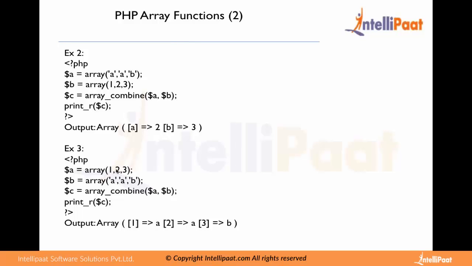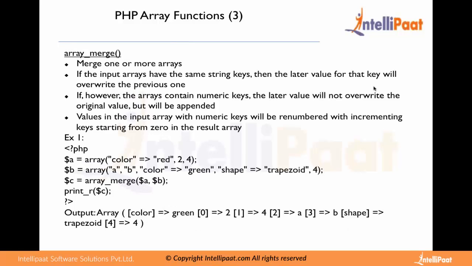If keys are the same, it will override, because keys must be unique, but values can be duplicates. If I have the same keys, they will get overwritten, but if the values are the same, they will not get overwritten, because values can be the same but keys cannot. It has to be unique.